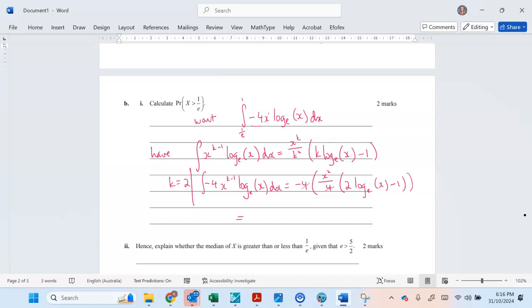And then I've got -x squared, and then the 2 multiplying all of this, x minus 1. All right, and it's probably okay to leave it like that. I can expand it. So 2x squared log base e of x, plus x squared. And I'd probably just leave it like that.